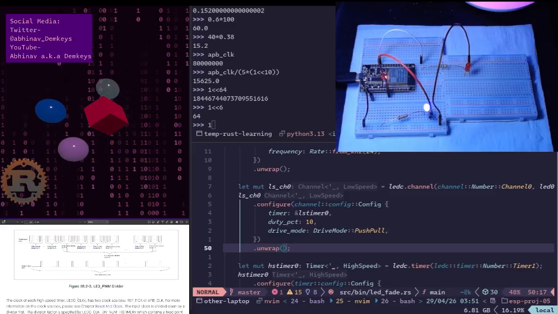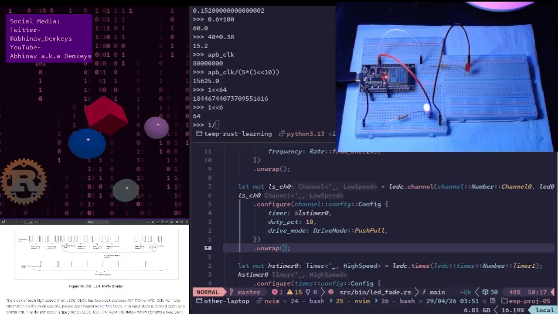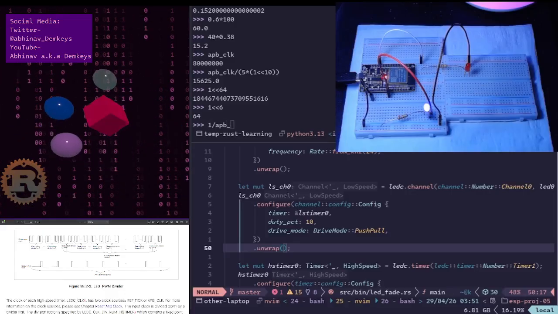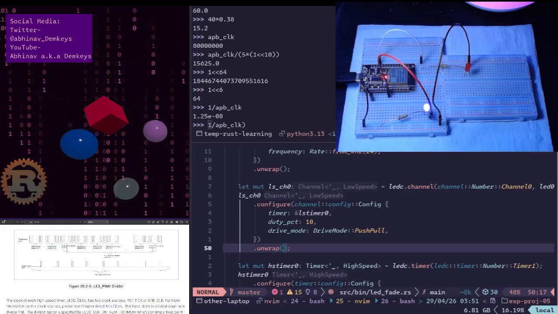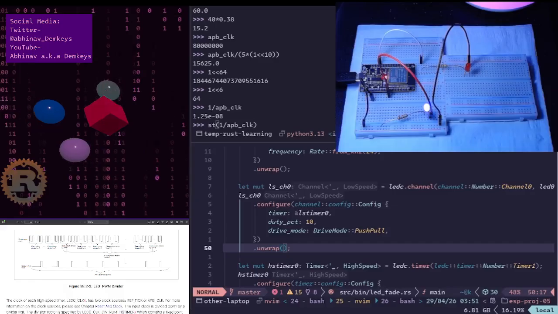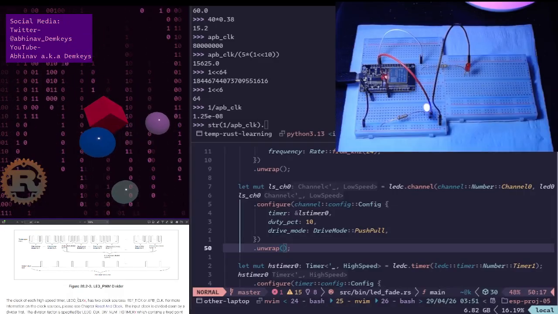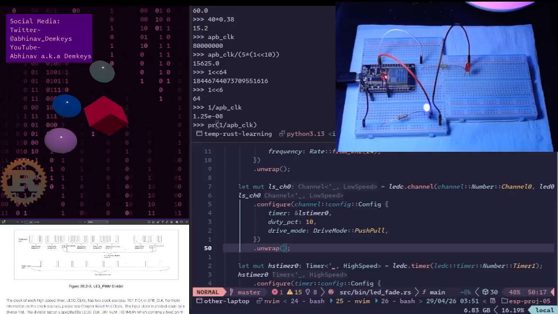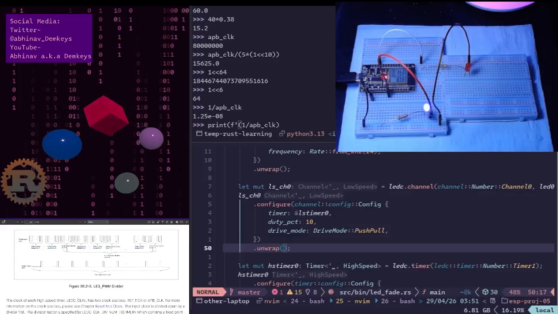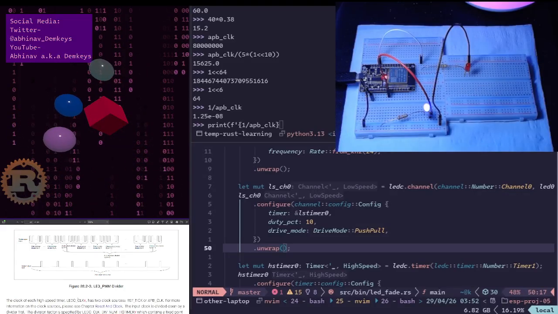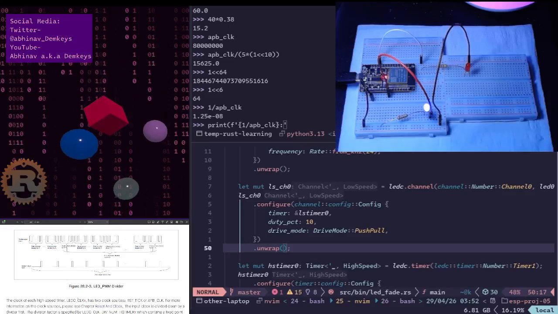So let's say this is 1 divided by the APB clock. That's our number. Let me convert this to a string and print it with a format of dot 10f.